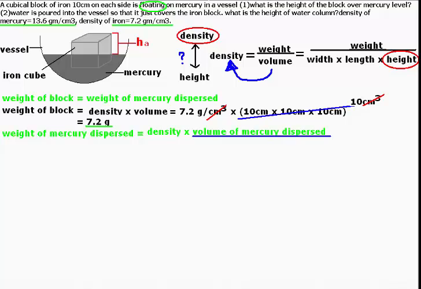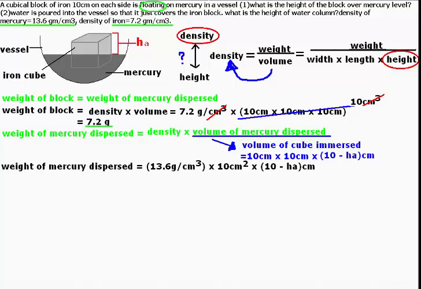This is the tricky part, because the volume of mercury displaced is actually the volume of the cube immersed in the mercury. In other words, 10 centimeters by 10 centimeters multiplied by the height of the cube, which is 10 centimeters, minus the height of the cube that is above the mercury level. Tricky, right? So let's rewrite this.